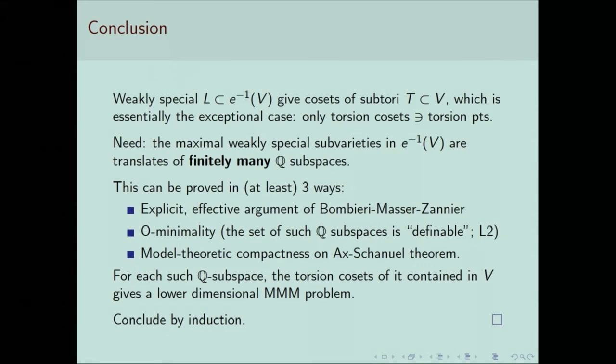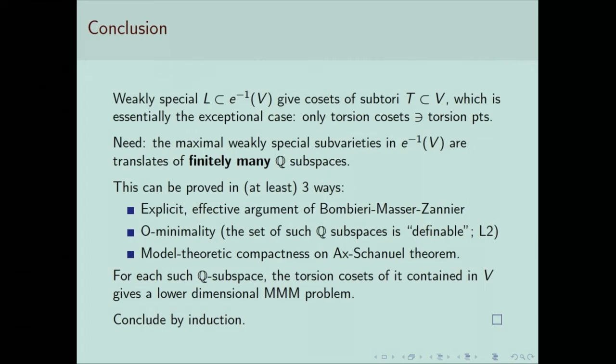On the other hand, we've just proved that everything in it is rational. And we'll see that this forces finiteness, because definable sets in O-minimal structures only have finitely many connected components. So once you know that every point in it is rational, you get finiteness. And you can also view it as a simple model theoretic compactness argument.